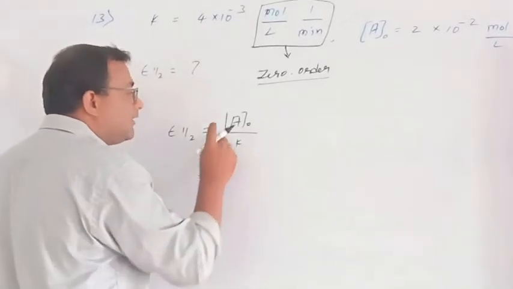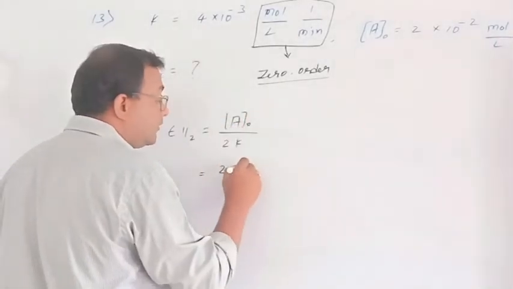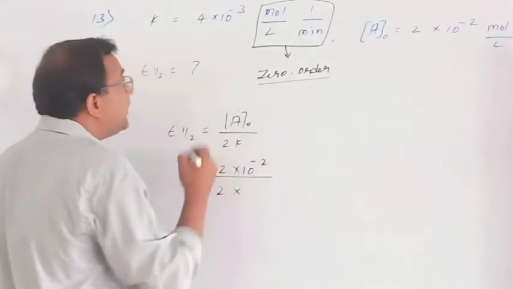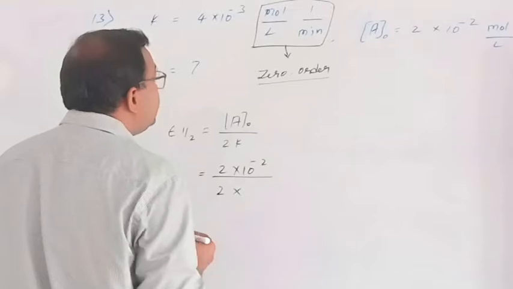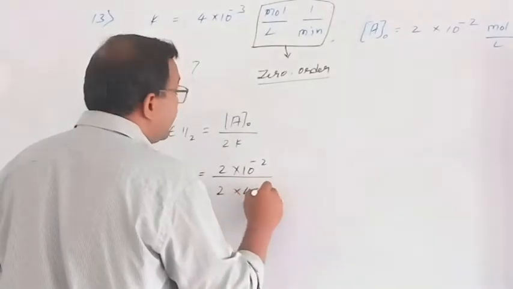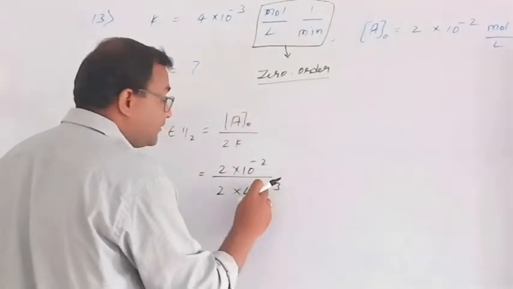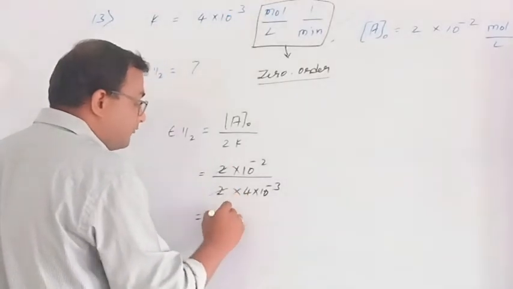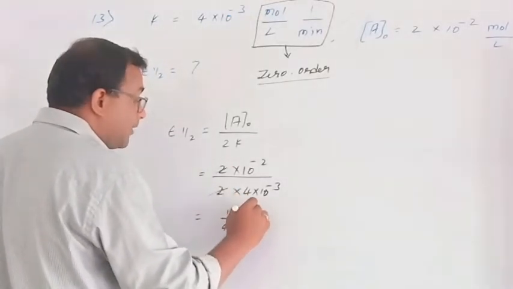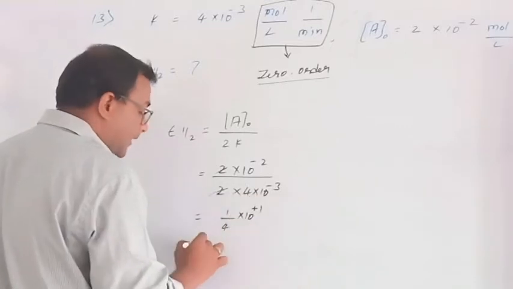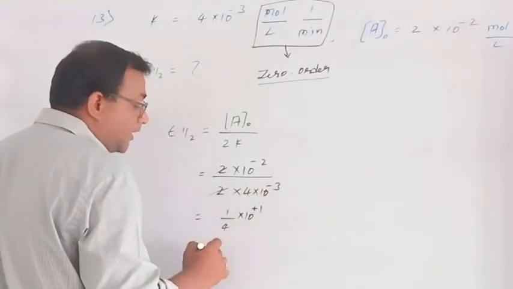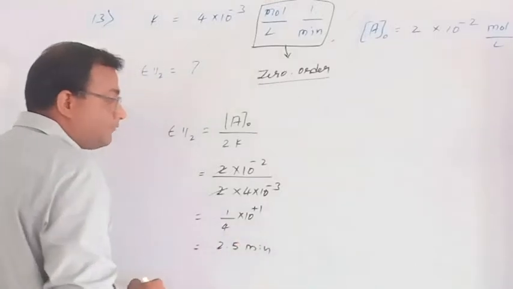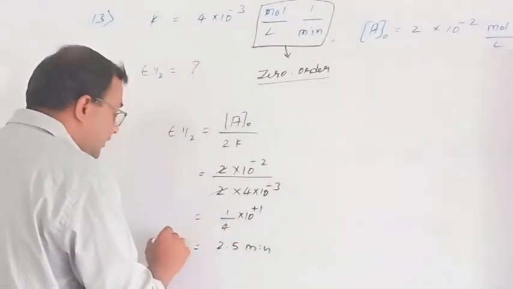Given A naught value is 2 into 10 power minus 2 upon 2 into K value, which is 4 into 10 power minus 3. 2 gets cancelled. Then 1 by 4 into 10 power plus 1, or it is nothing but 0.25, or 2.5 minute. So 2.5 minute is the T half.